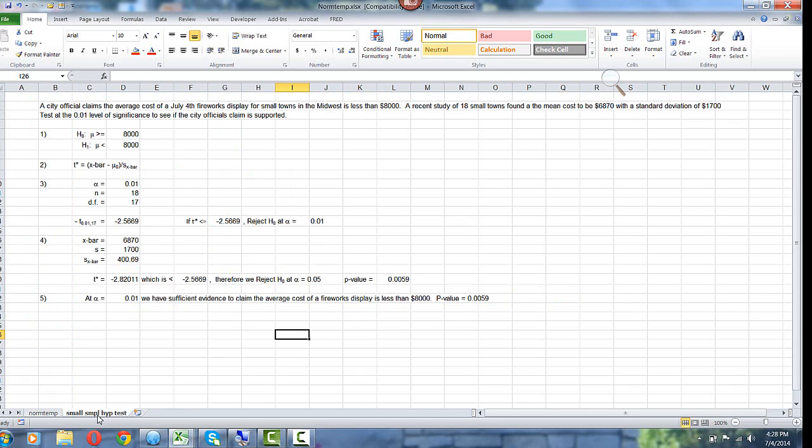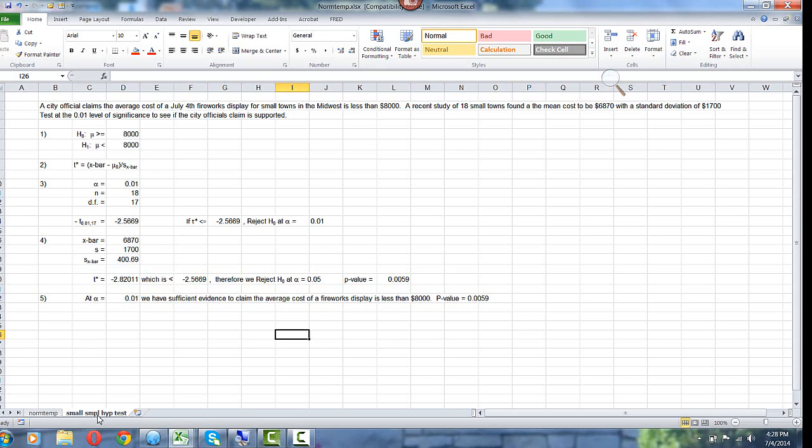And then for a small sample hypothesis test, let's say we have a city official who claims the average cost of a July 4th fireworks display for small towns in the Midwest is less than $8,000. A recent study of 18 small towns found the mean cost to be $6,870 with a standard deviation of 1,700.